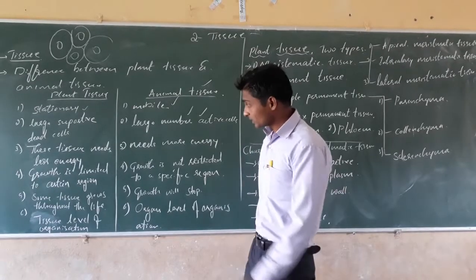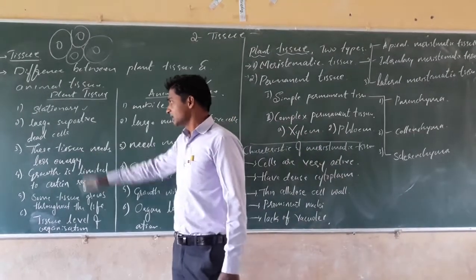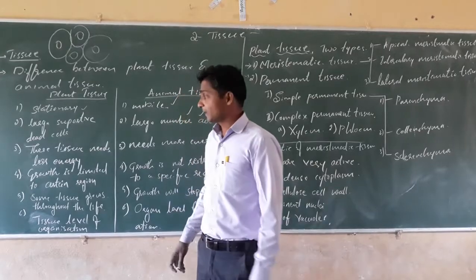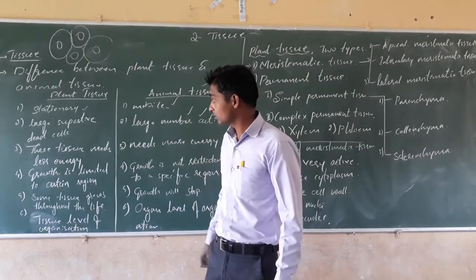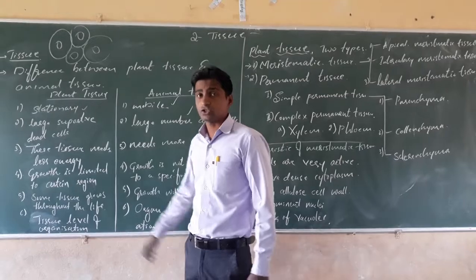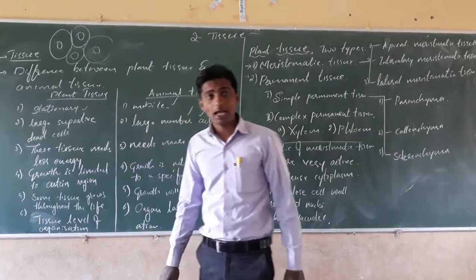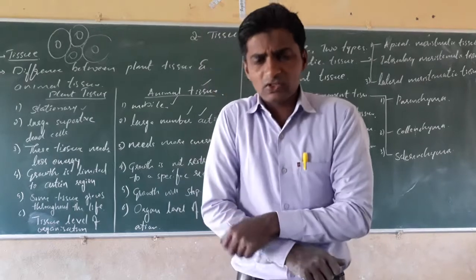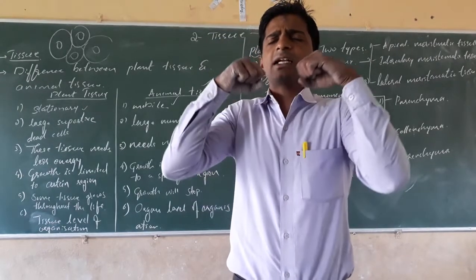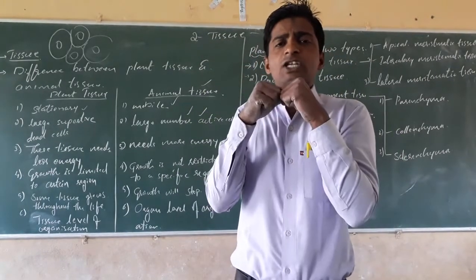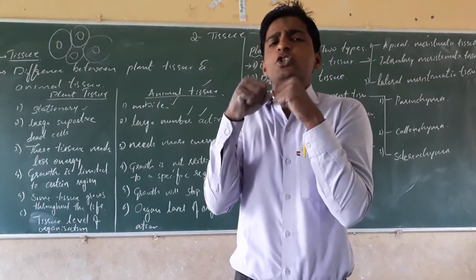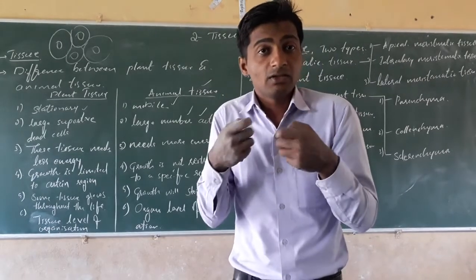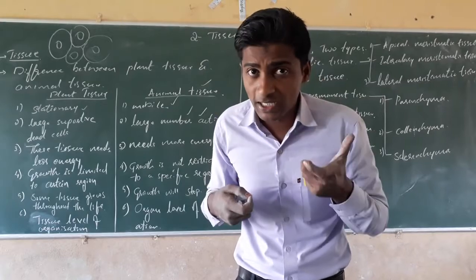Yes. Next difference: these tissues need less energy. In case of plant tissue, what happens? The cells are not mobile, meaning stationary, stagnant at one place. They will not show any movements, and if it shows movement, it needs more energy.